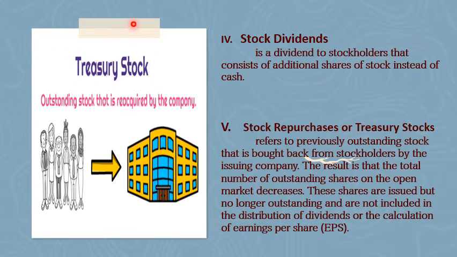And treasury stock is not outstanding anymore because it is already in the hands of the company by the time they bought it back. And you must also take note that it is not included in the distribution of dividends, of course, because they own it now. And it will not be included in the calculations of earnings per share either. That's why we will deduct it.